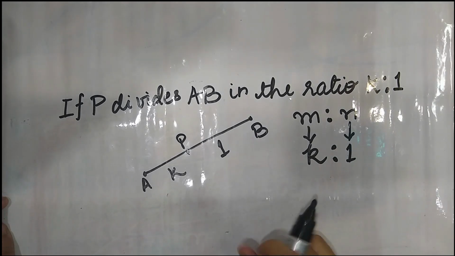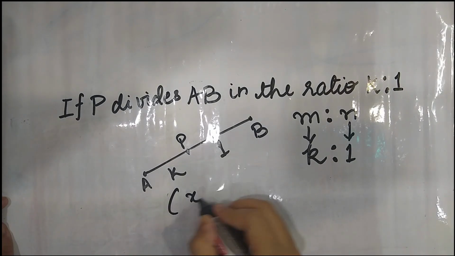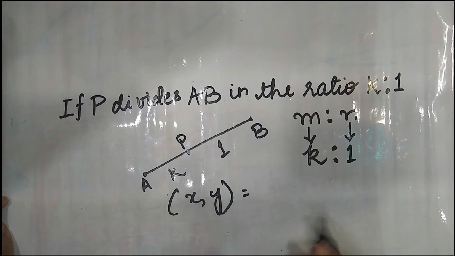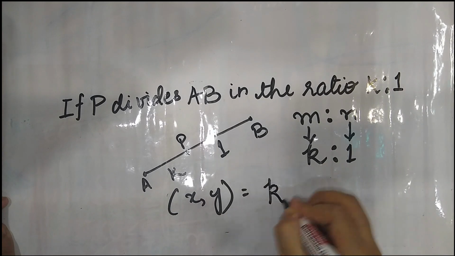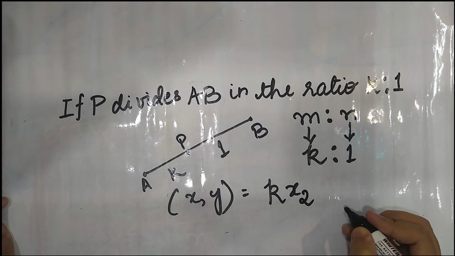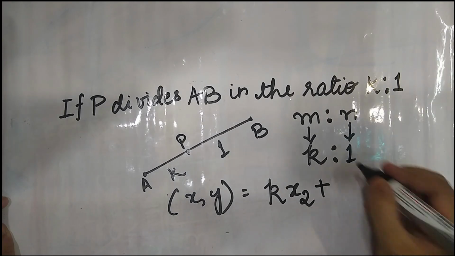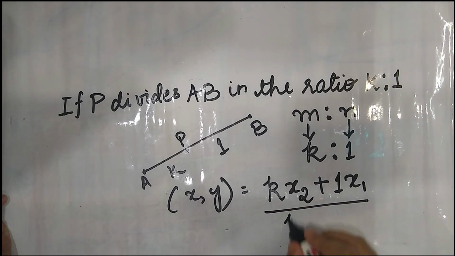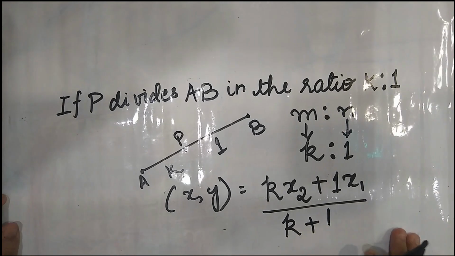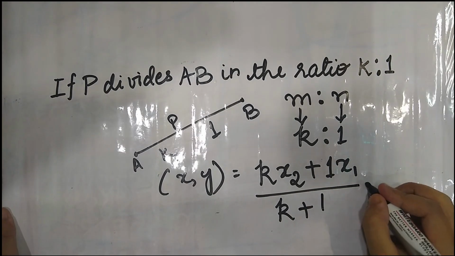So let us recall the formula. That will be x comma y, right? That will be equal to what? m in this case is k, so it will be kx2 plus 1x1 divided by k plus 1, right? This is for the x coordinate.